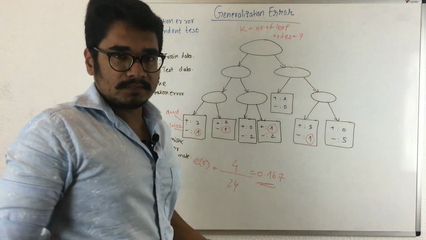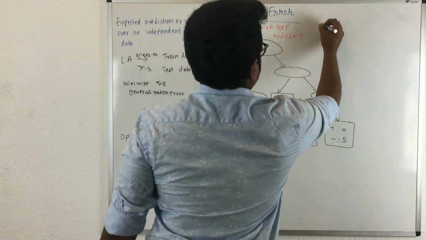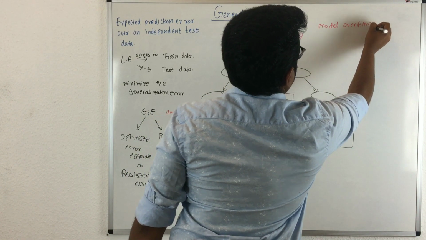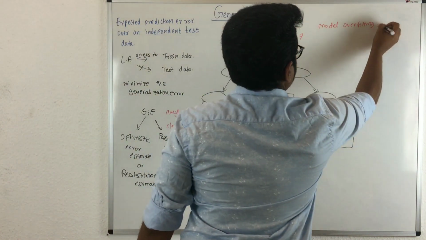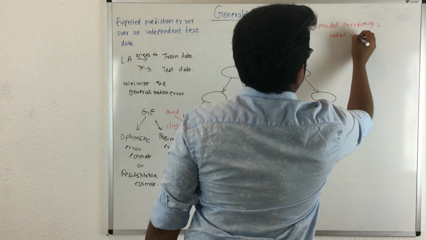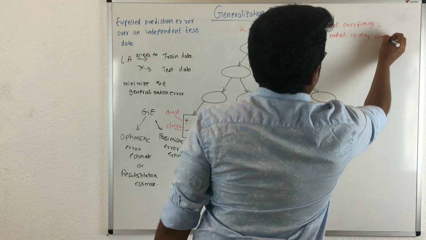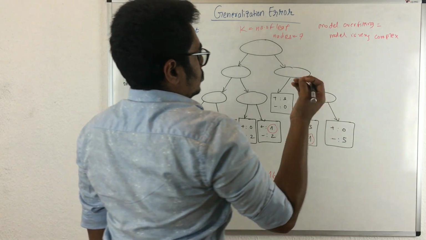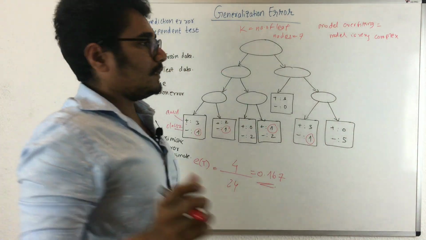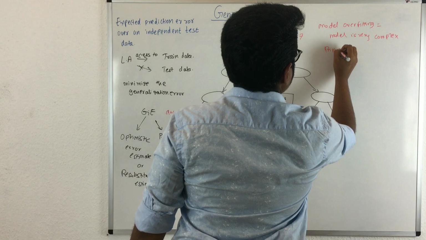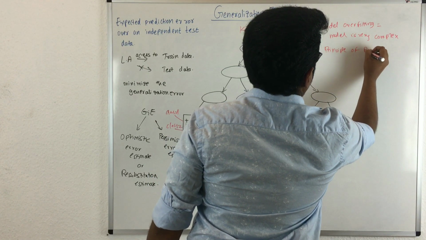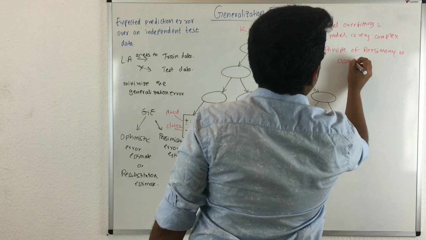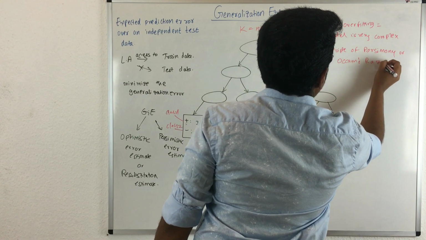Now there is one concept. You have seen model overfitting. Why does this usually happen? Because your model is very complex. This is the reason why your model is going to overfit. So there is a principle called the principle of parsimony, or Occam's razor.